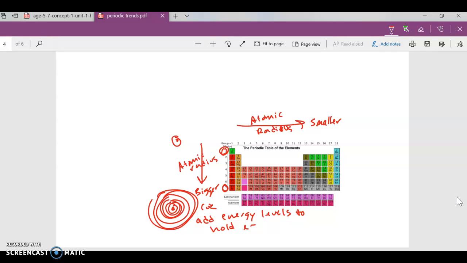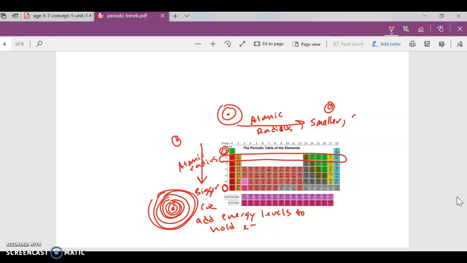It's different though up here. Let's just look at across row 2. If you are in row 2, that means you have 2 rings. Here is my lithium picture right here. As I go across, it gets smaller, but it still only has 2 rings, like if I was to draw neon. It's just smaller. And so the reason would be why?